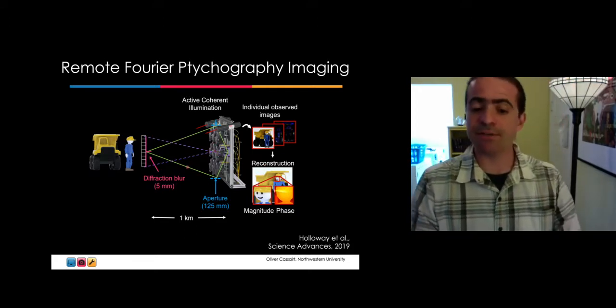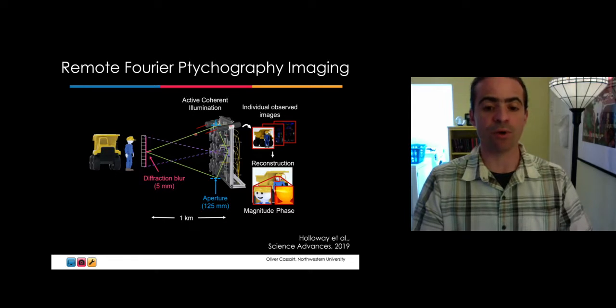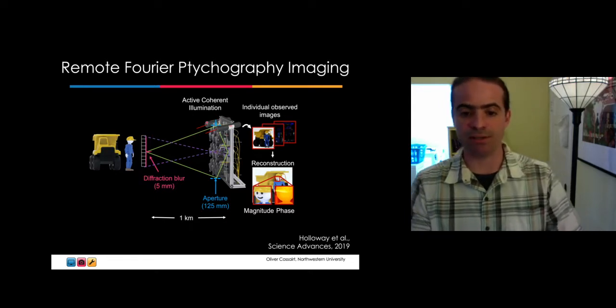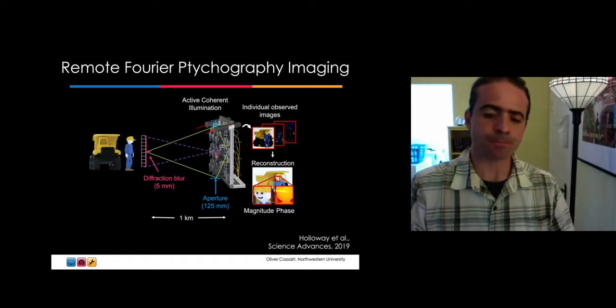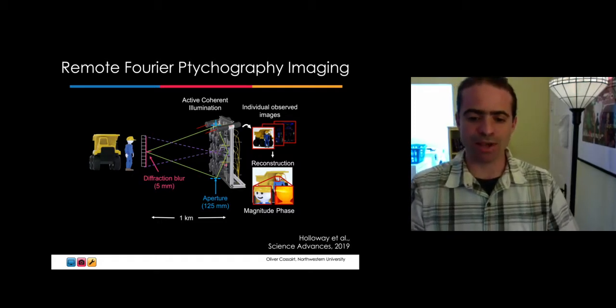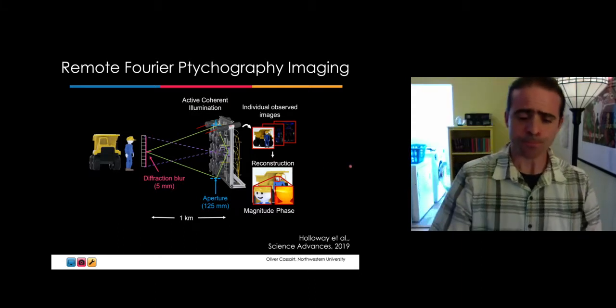It's very difficult to produce very large apertures, but one of the things that you can do is introduce illumination. In this case, we're focusing on illumination that is coherent, which is to say that it's coming from laser sources. And you can play around with interesting camera designs. In this case, we're using an array of cameras that's very similar to a light field array.